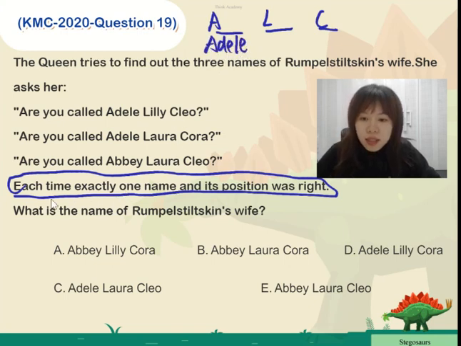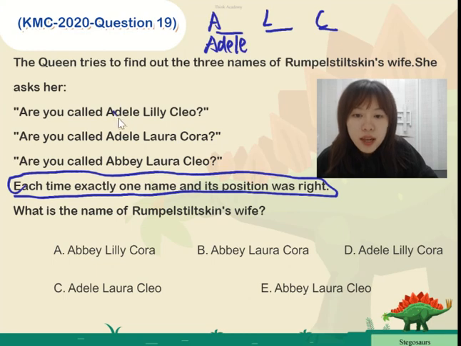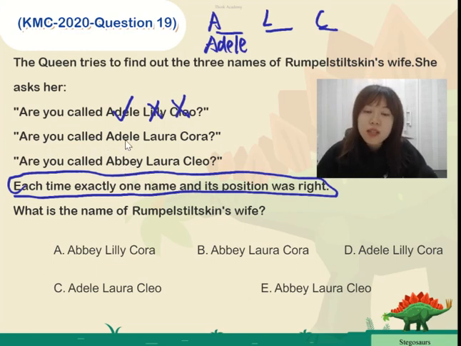Each time exactly one name and its position was right. That means the other two names and positions were wrong. So if Adele is correct, then Lily is wrong, Cleo is wrong. Also, we assume Adele is correct, so correct, wrong, and wrong, and wrong for Abby.